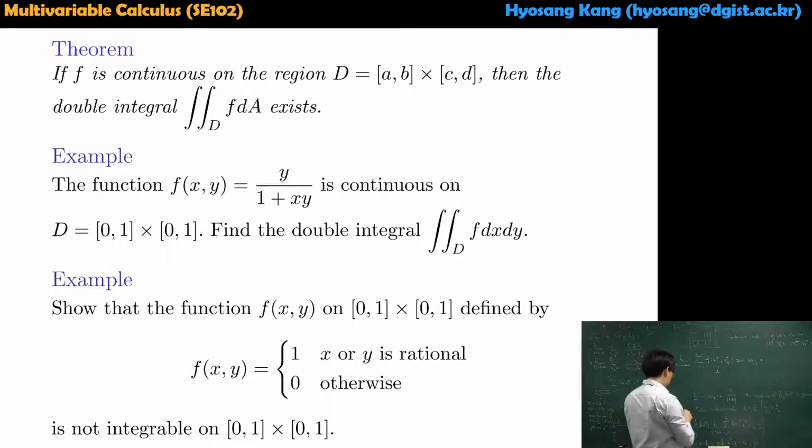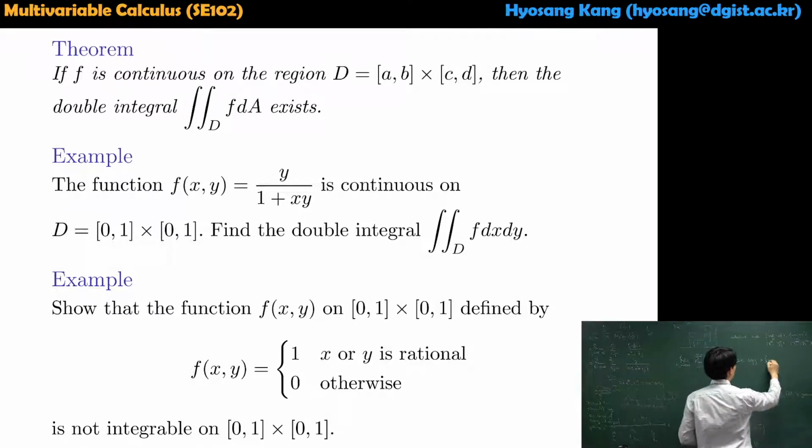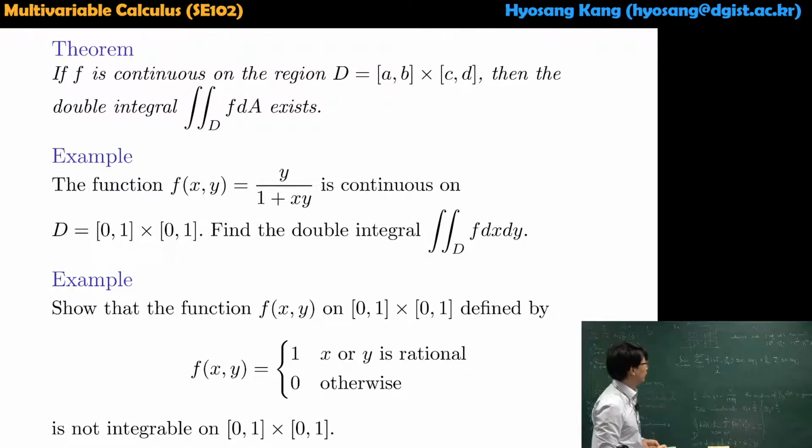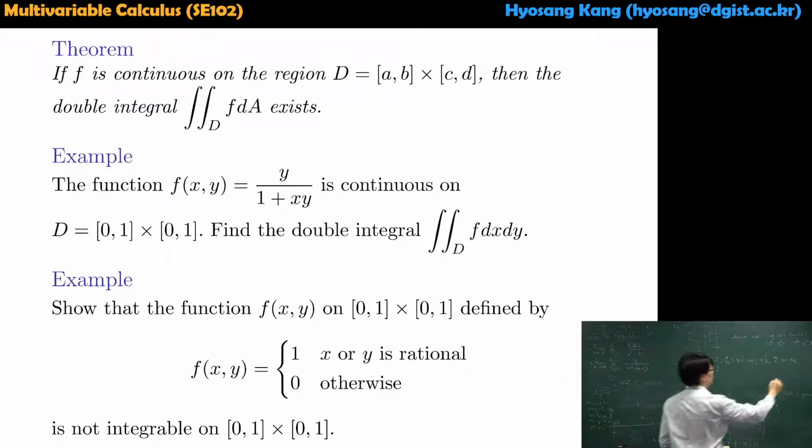So what I'm doing here basically is the sum of the areas of these rectangular regions. Okay. So what's the sum of the areas? It's 1, because basically it will cover the entire [0,1] by [0,1] region. So it's always 1.